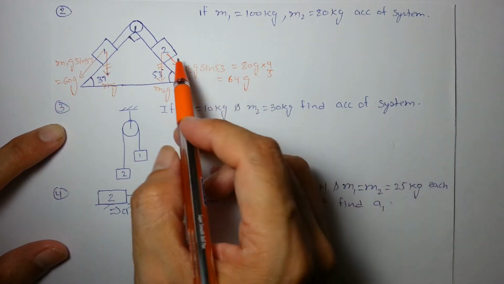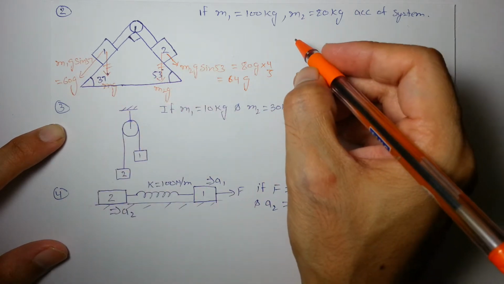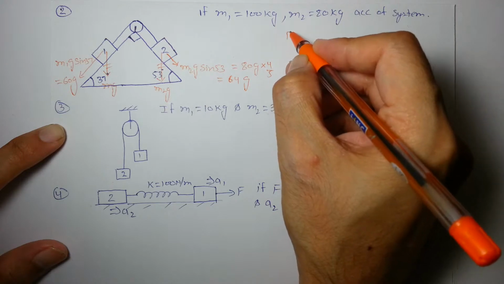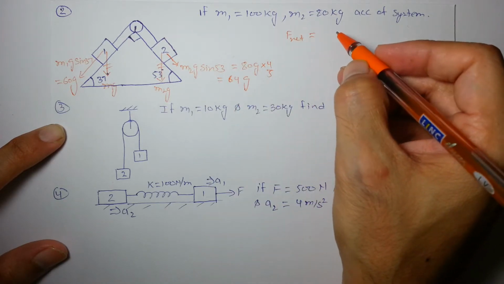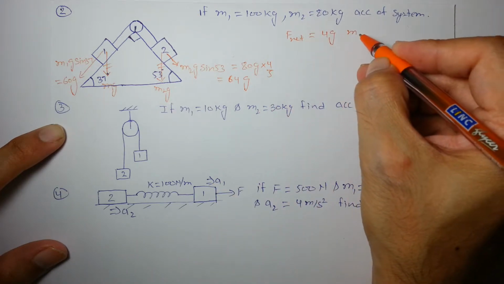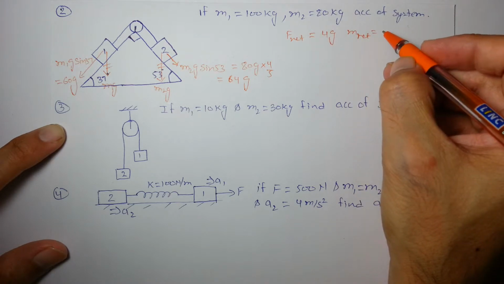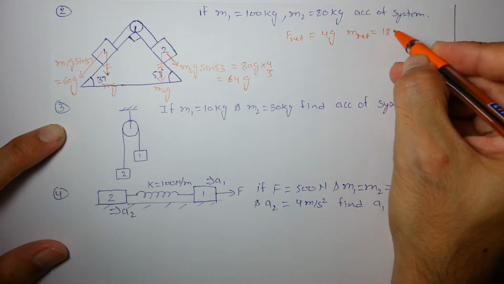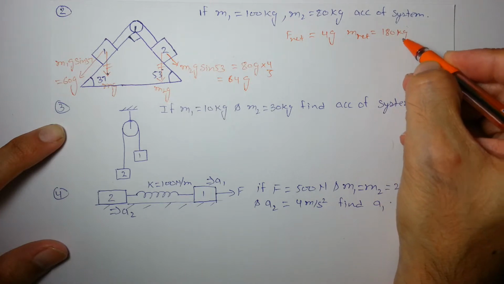Okay, 64g in this direction, 60g in this direction. We can say the net force F net that will act effectively is 4g, and m net of the system that will accelerate is nothing but m1 plus m2, 180 kg.